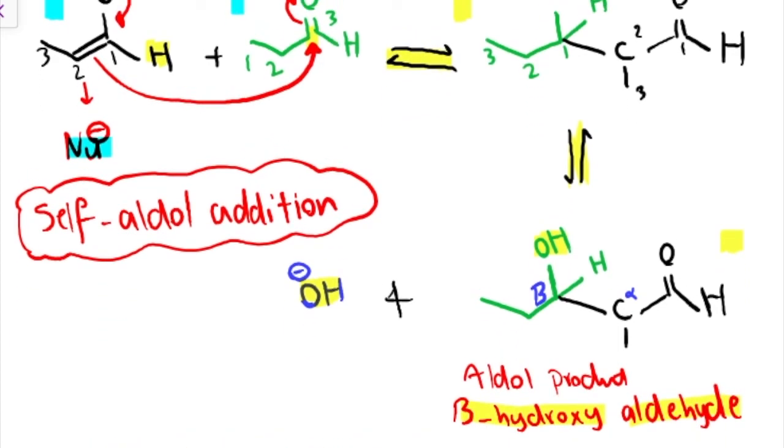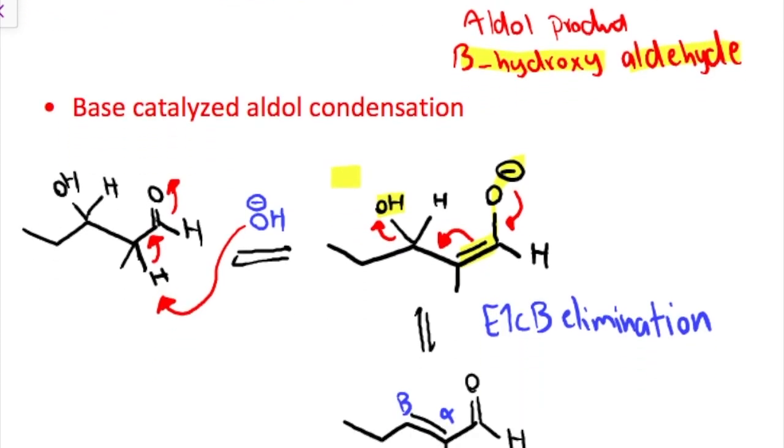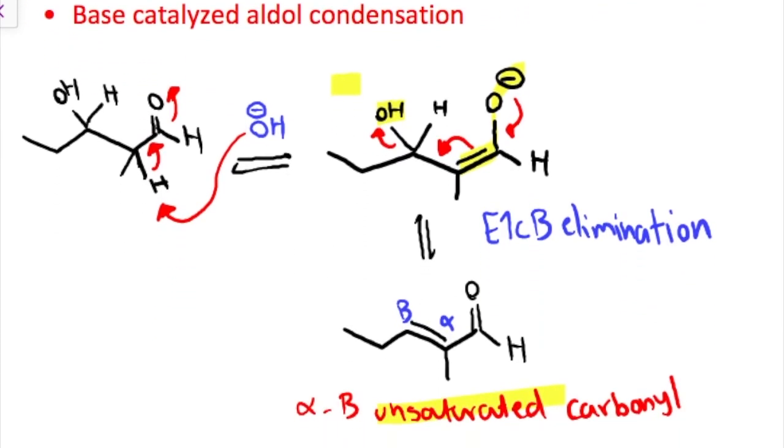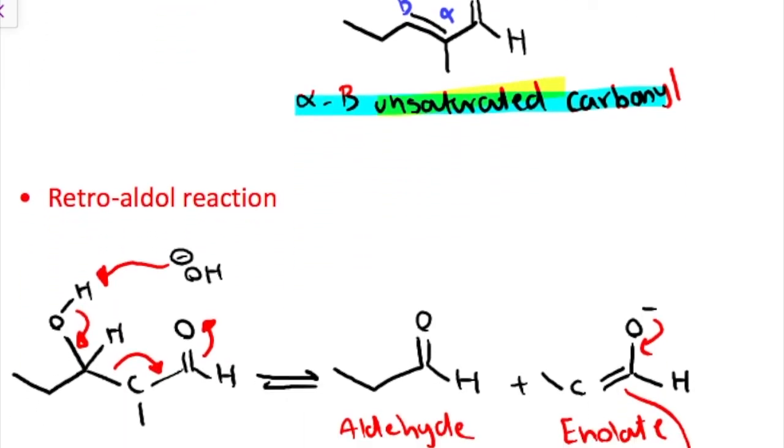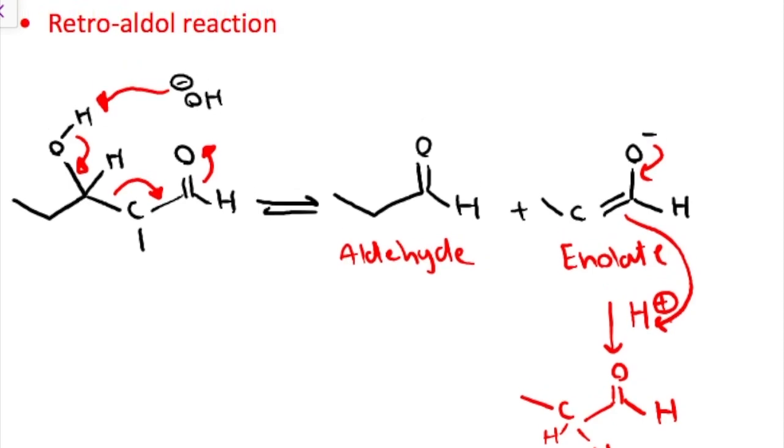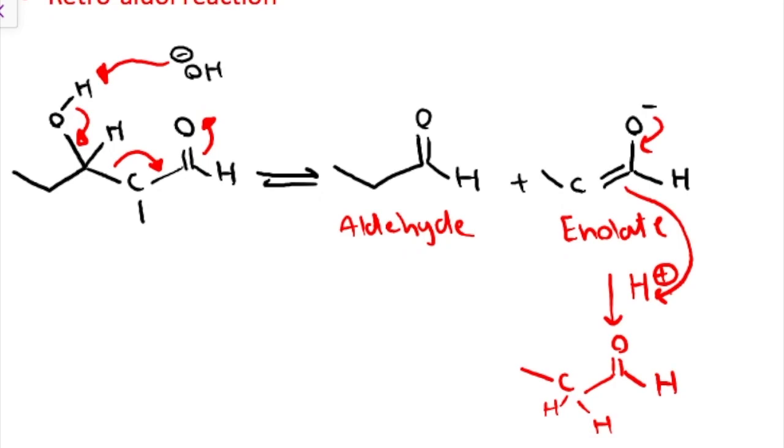The product of the addition is a beta-hydroxyaldehyde. Again, depending on the reaction conditions, the reaction might go one step further. This gives us the condensation reaction, so the product is an alpha-beta unsaturated carbonyl product. The aldol addition is in equilibrium, meaning it can go in the reverse reaction, and this gives us the original aldehyde and the enolate of the aldehyde.